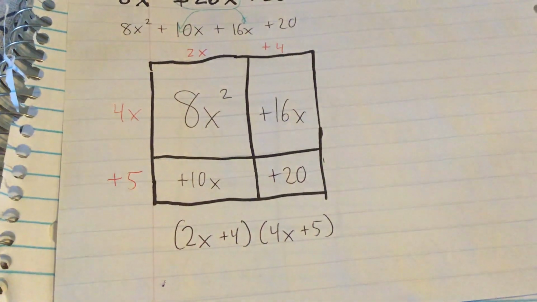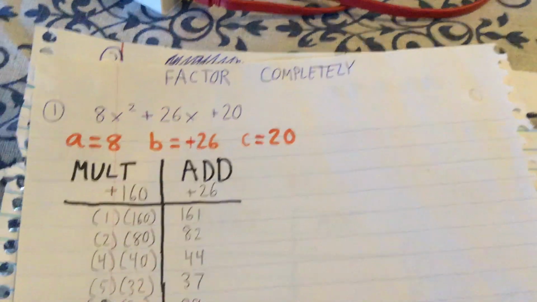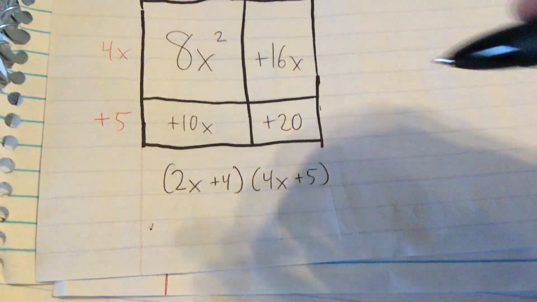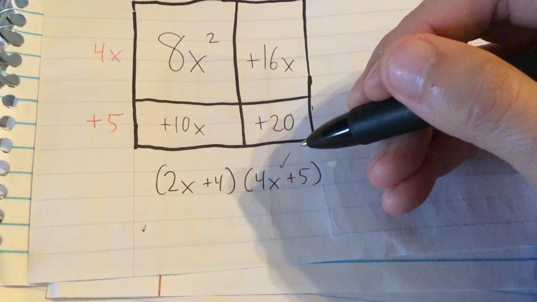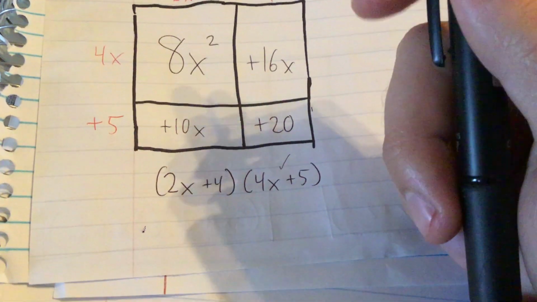And I would give you 4 points out of 5 because remember the directions say factor completely. Technically, this is not factored completely. The 4x plus 5 is fine. But what can I do with 2x plus 4?